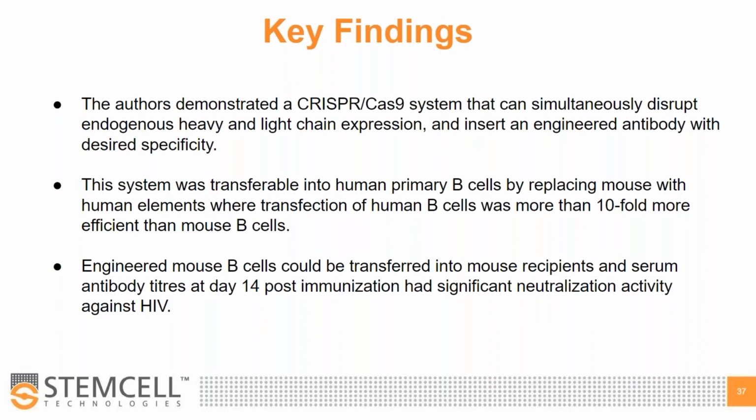They were able to transfer the system into human primary B cells by replacing mouse with human elements, where the transfection of human B cells actually had higher efficiency. Also, engineered mouse B cells could be transferred into mouse recipients, and serum antibody titers at day 14 post-immunization had significant neutralization activity against HIV.